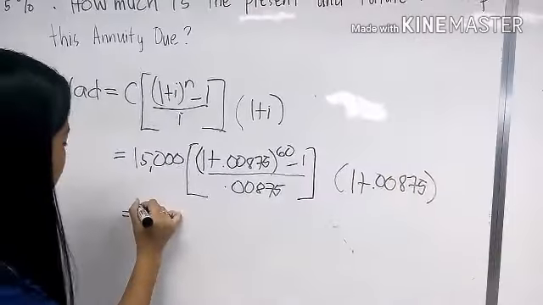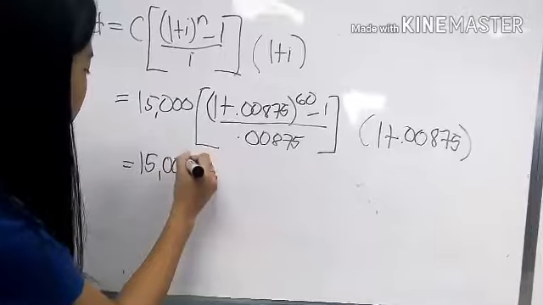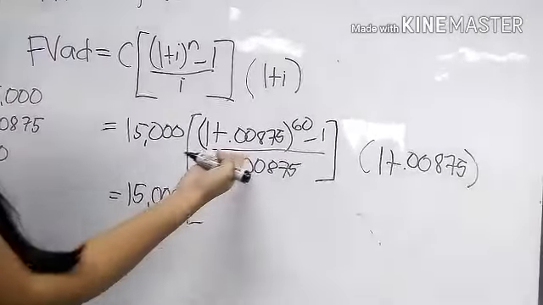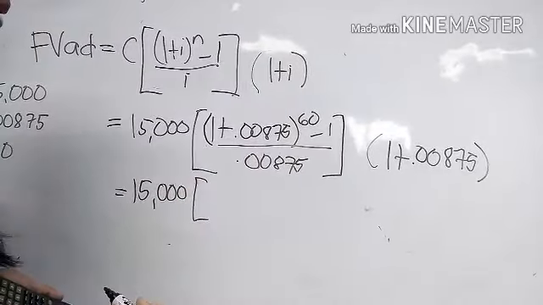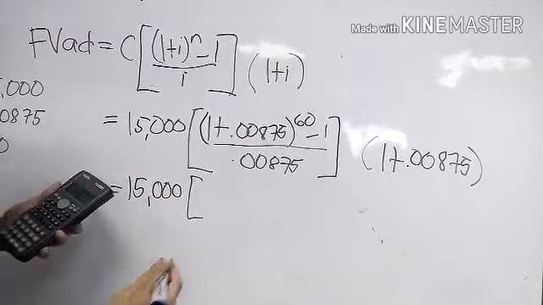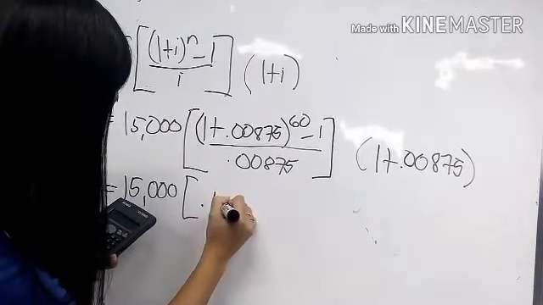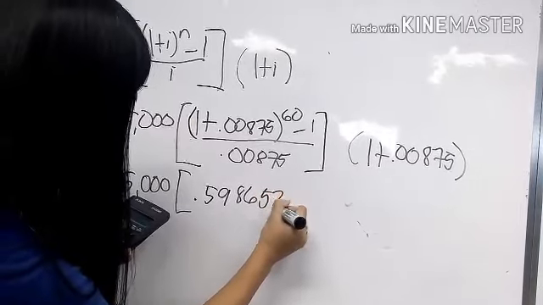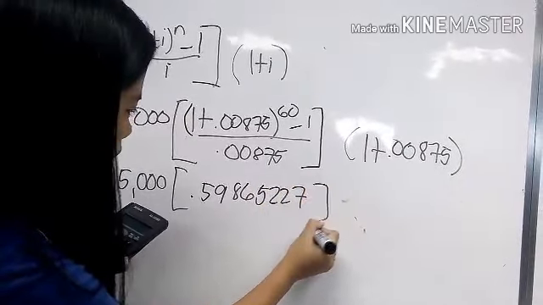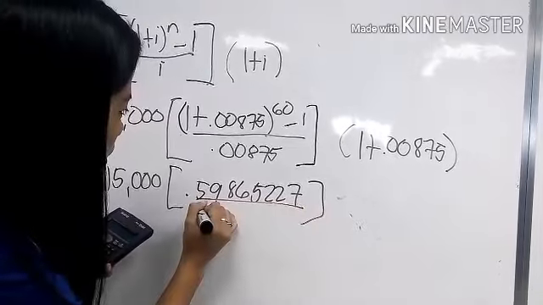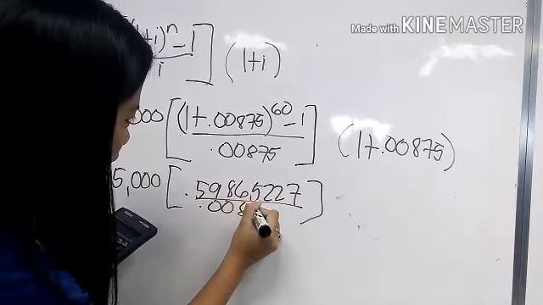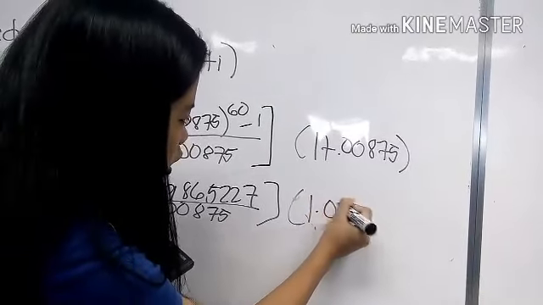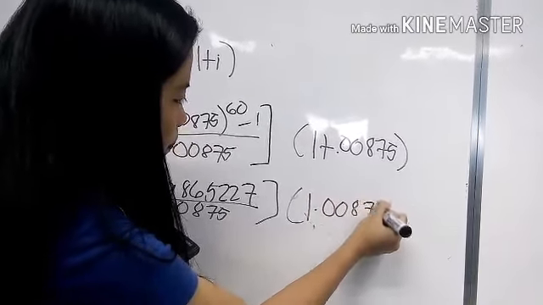Again, copy the 15,000, then solve for (1 plus 0.00875) raised to 60 minus 1, which is equal to 0.59865227, over 0.00875 times 1.00875.